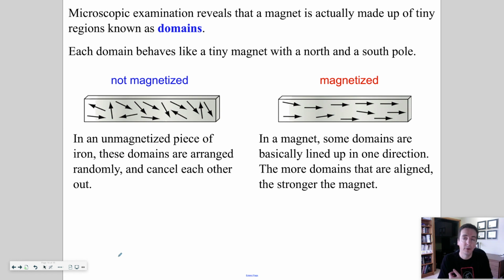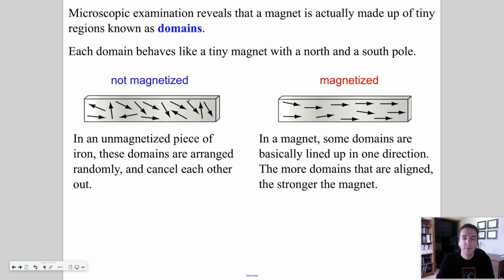But in a ferromagnetic material, you've got tiny regions called domains, and each domain behaves like a tiny magnet with a north and a south pole. So in a non-magnetized piece of iron, like a paper clip, the domains are arranged randomly, so basically they cancel each other out.